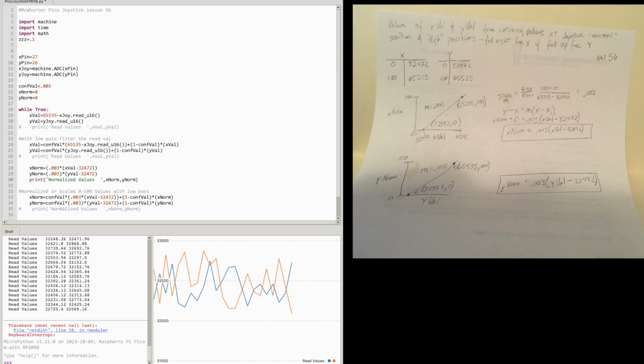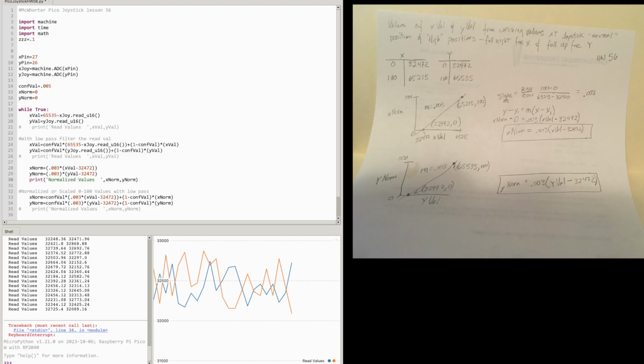And then when I went to the high values, the north and east, the Y came out with this happy number that is the max value, the 2 to the 16th, 65,535, and the X came out to 65,215. So here's the math that I did. You know, slope or M, rise over run.